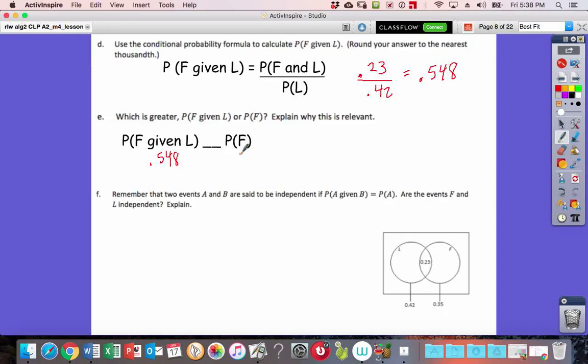The probability of just F is 0.35, according to my Venn. Notice this guy's a lot higher. Okay, and what does that mean?